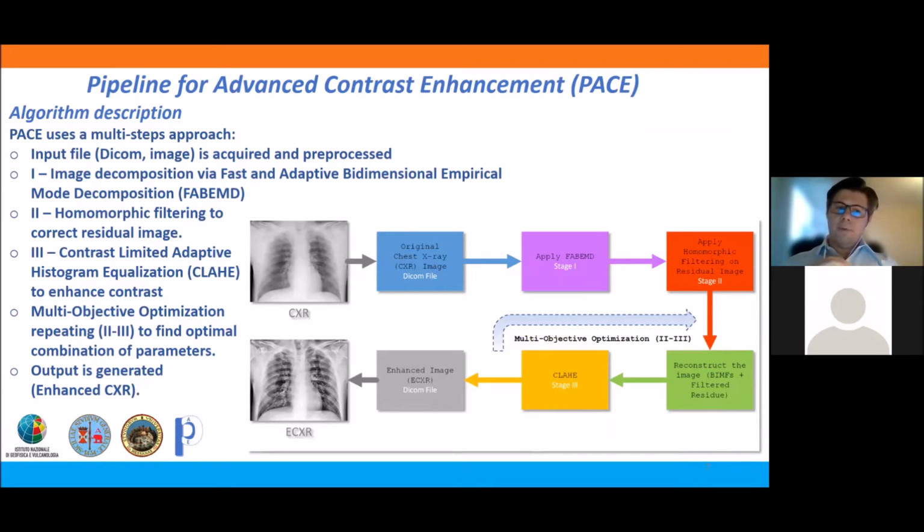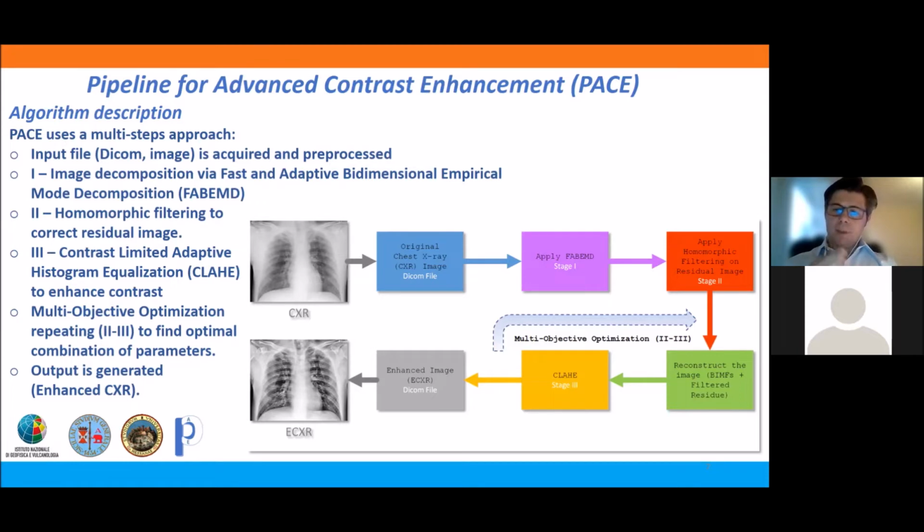This input file is acquired and preprocessed. Then the image is decomposed using a methodology called FABMD, and this methodology is meant to divide the image into a number of independent components. Each of these components is another image itself.